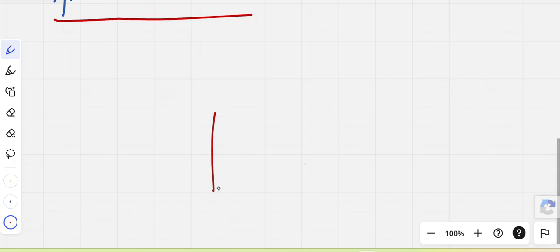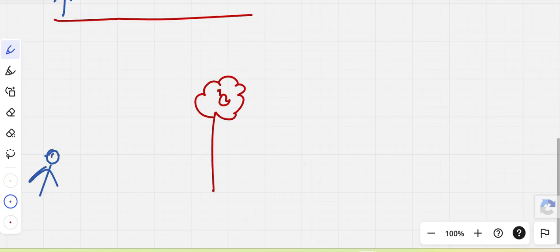Okay, sometimes what happens, this is a tree. I'm giving you examples before we do the questions, so that you can relate to it. And on this tree there is a mango. Now what happened? There's a guy standing here, and this guy is looking at the mango, right?